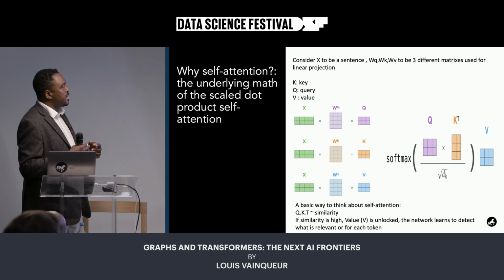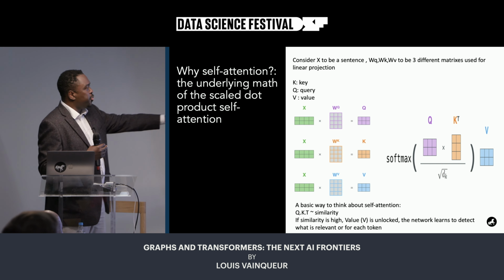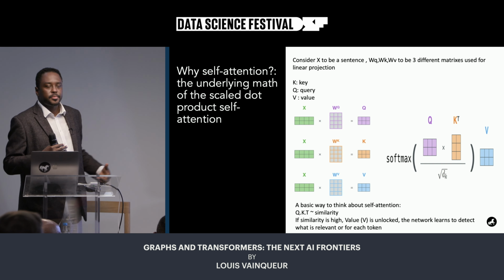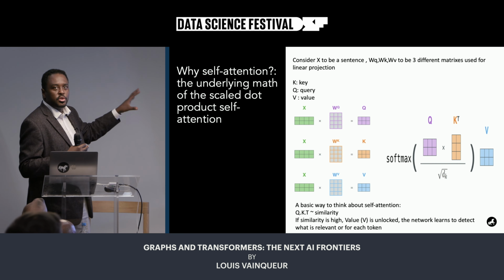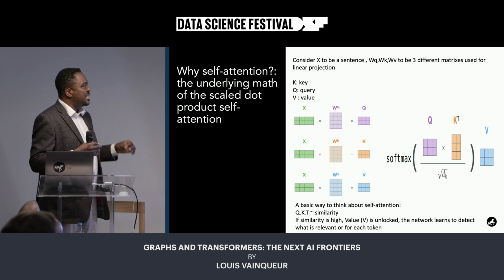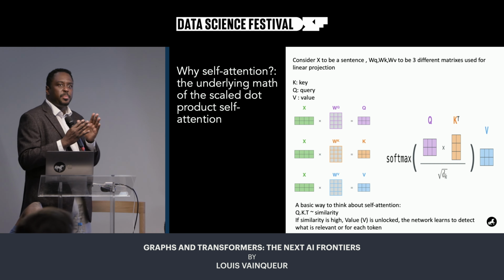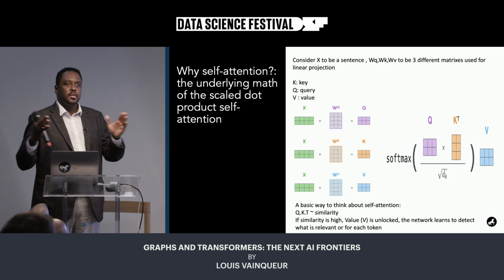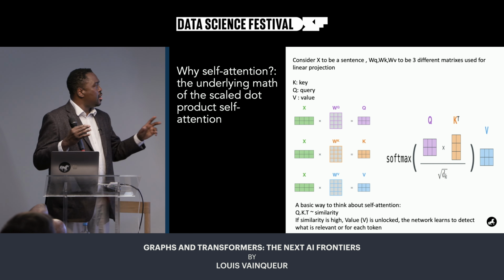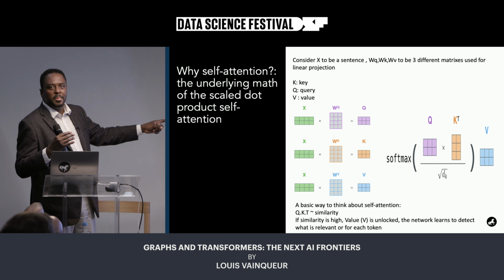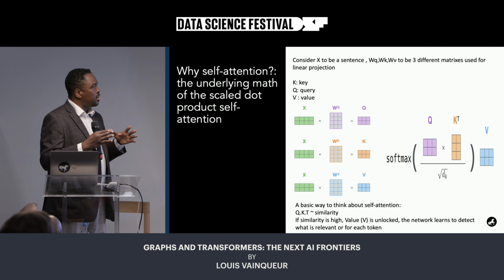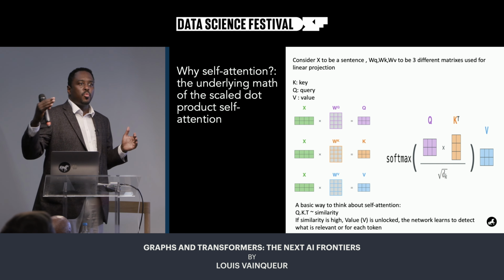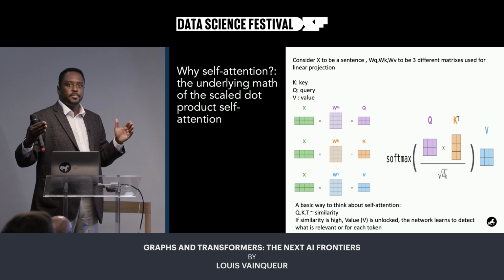And then you calculate the dot product between Q and K. We call Q the query and K the key. And the idea is that when you multiply 2 different representations of the same sentence, what you will learn are those W matrices, and you will learn to route information from one word to the word that is most relevant to it.